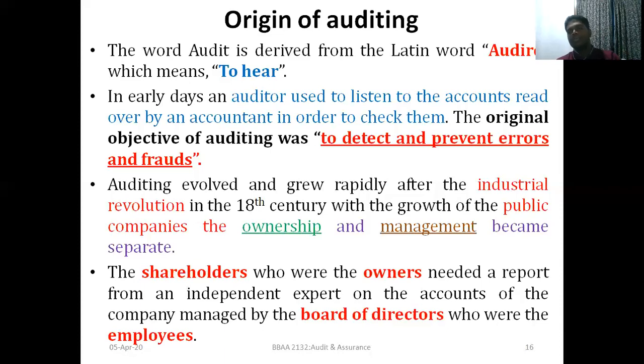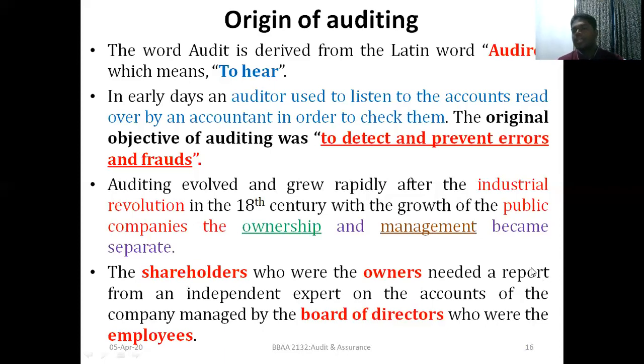Then they submit the document to the stakeholders, the shareholders and owners, but the owners never easily accept the financial statement prepared by the board of directors. So they need a report.